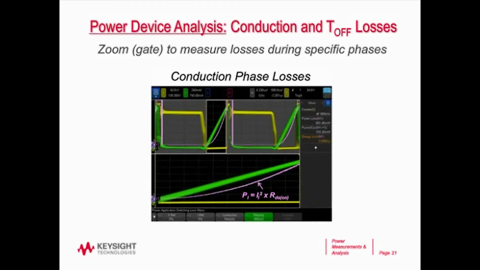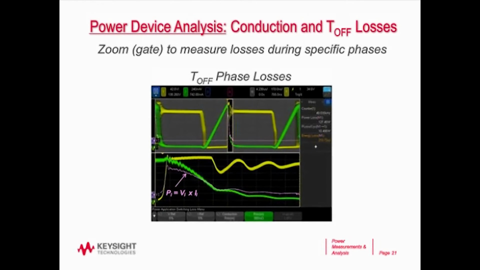And there you can see the purple waveform is the instantaneous power equals the instantaneous current squared times the value of RDS on. In this example, I've zoomed in on the TOFF phase, and now it's using just V times I to measure the losses during this particular phase.